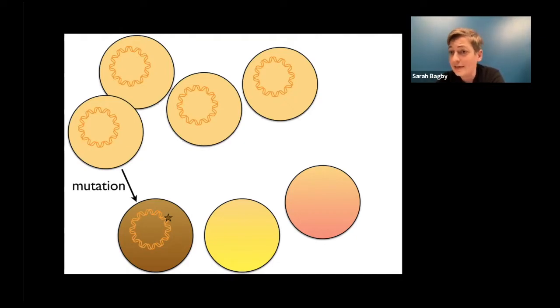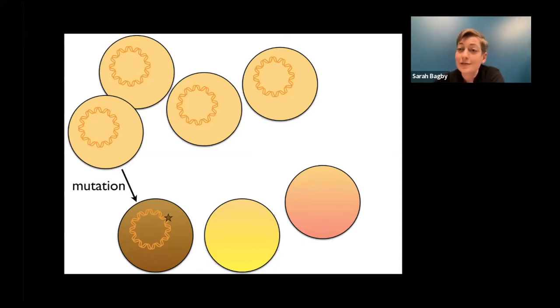So, of course, all of these cells have their own genomes, and probably the simplest method for introducing variety into a population is just plain old mutation, right? When a cell is going to divide, it has to make a copy of its genome, and sometimes that doesn't work quite right. And so errors get introduced. Most cells have proofreading mechanisms. Sometimes they're good, sometimes they're sloppy.